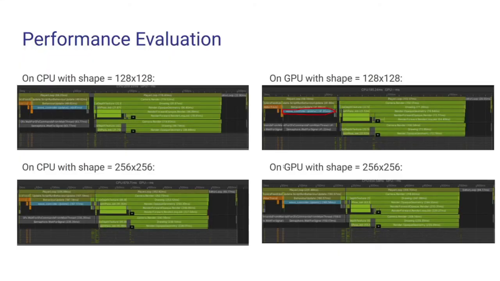So, reasoning about what happened here on the CPU with the shape 128 by 128, we can see that the wave controller.update takes 49.61 milliseconds. With the GPU, we do get about a 20% performance gain. We gained about 8 ms right there.